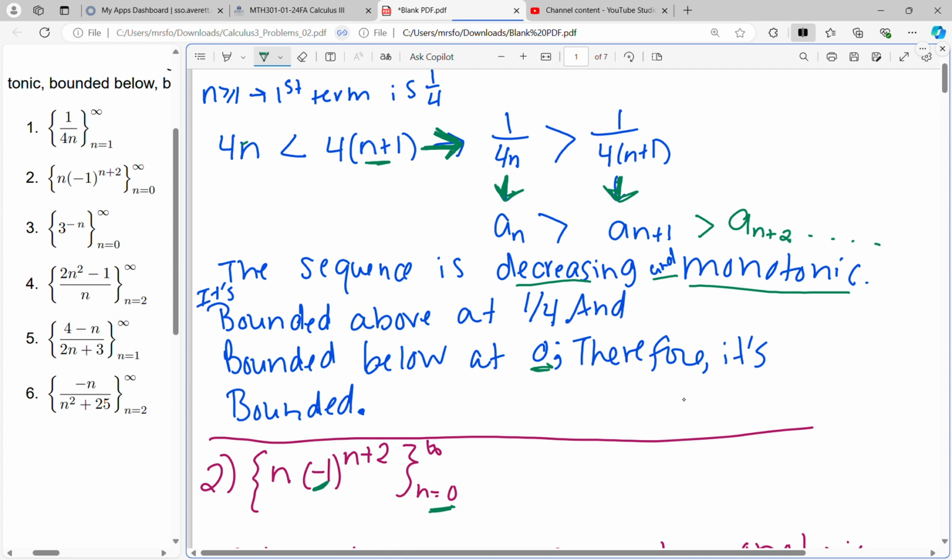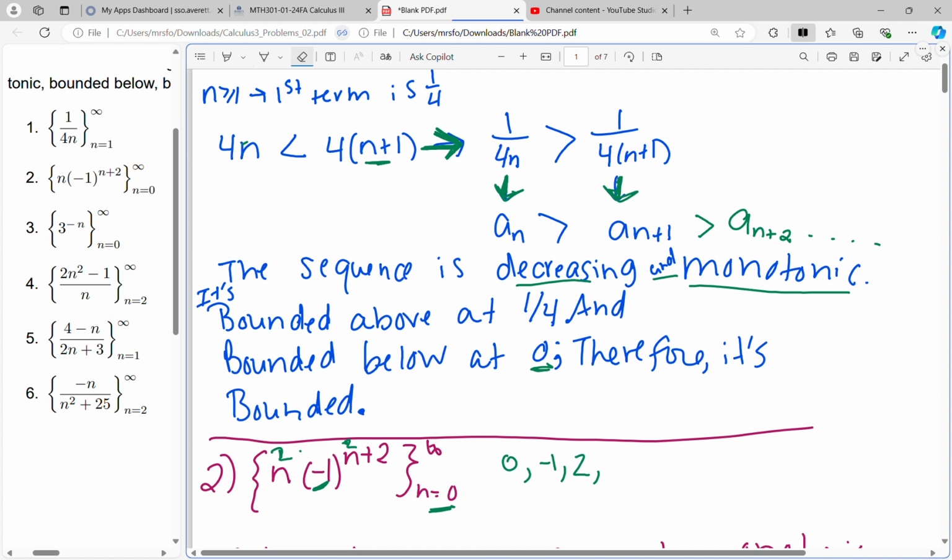So if I look here, when I substitute in n equals 0, my first term is going to be 0 times +1, which is 0. But my next term, I would have 1 times -1 to the third power, which is 1 times -1. I'd have -1. Then, when I substitute in a 2, I would have 2 times a +1, which is 2.